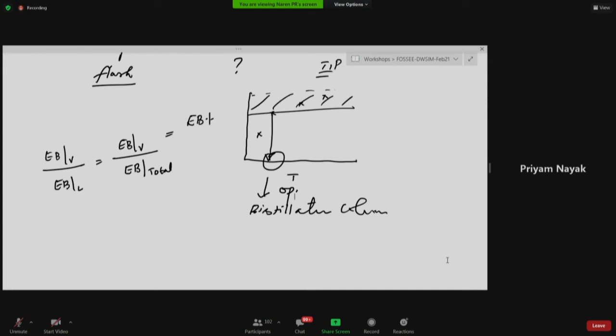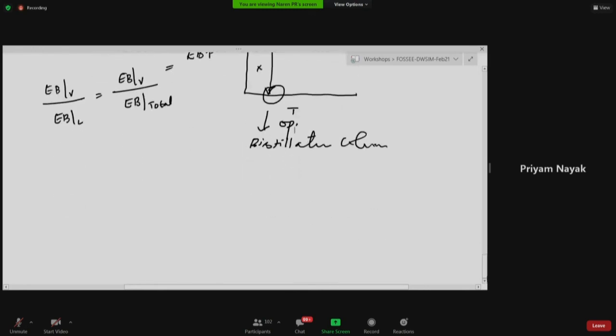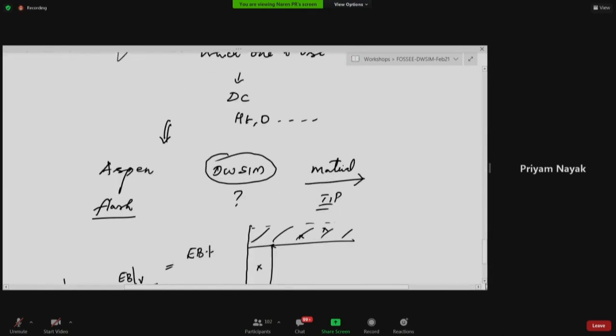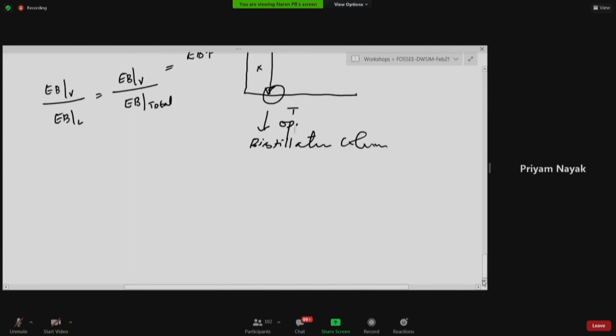Other than that, yes, the economic evaluation tool is available for DWSIM as well, with a very nominal price of $27 or $30, I think. So that's the price you have to pay if you want to buy it. Some of the plugins in DWSIM are paid just to support his cause, because he is trying to do a lot of things and trying to get some developers, and doing everything as open source gets very difficult. So the basic things which need to be open source and free are still free and open source. But some of the things which are not very crucial or important to students, some of those plugins, are paid.